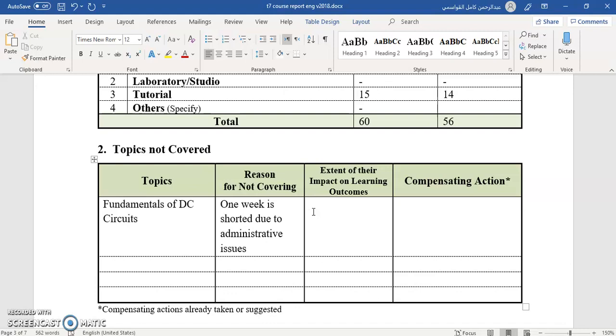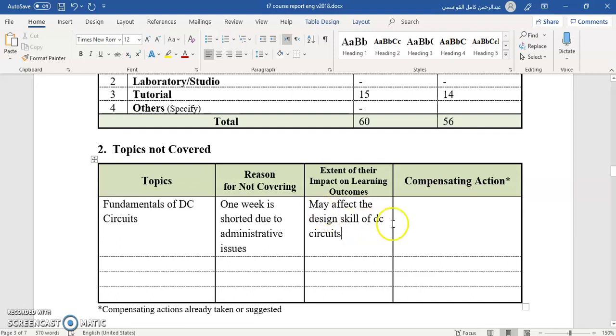Did this topic affect your learning outcomes or not? If yes, you have to write here and say yes, it may affect, for example, the design skill of DC circuits.